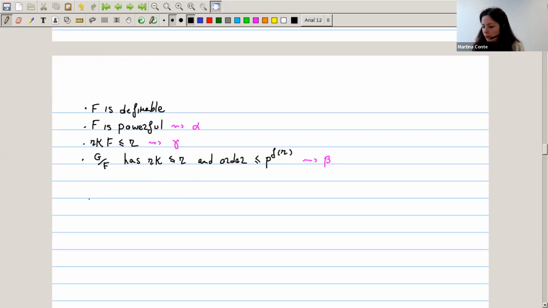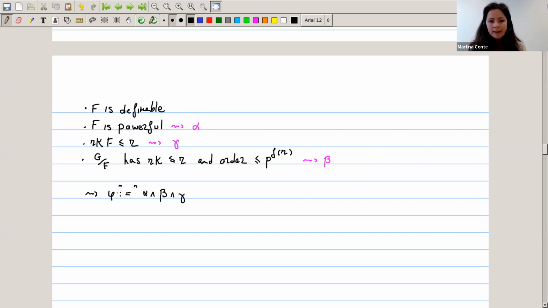If now we put these three sentences together, so let me say more or less a sentence phi that is made by the join of alpha, beta, and gamma, even if we should take into account that we are talking about quotients and subgroups, so it would not exactly be this join, but for this talk, it doesn't matter.